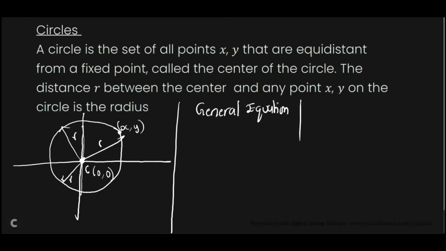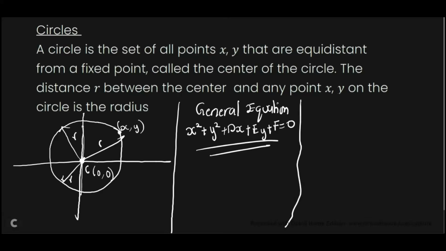The general equation of the circle is x squared plus y squared plus dx plus ey plus f equal to 0. So this is your general equation of the circle.